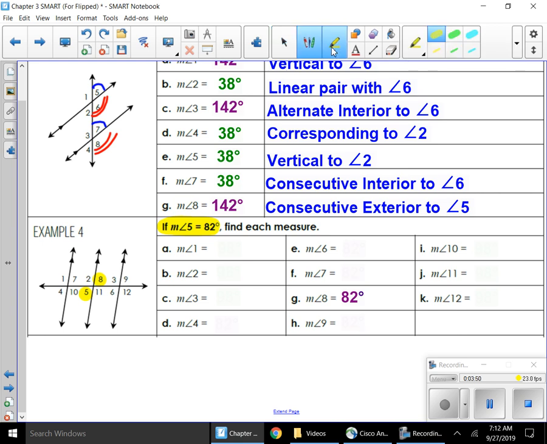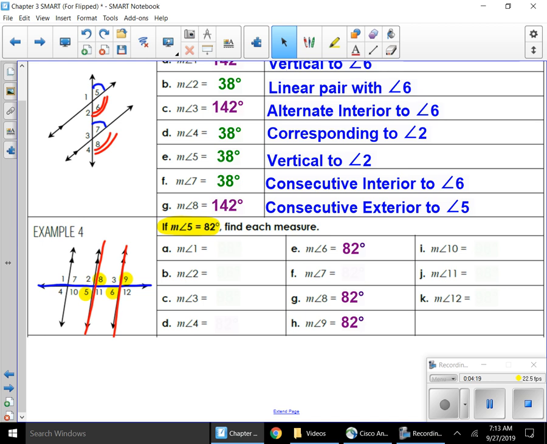Notice that angle 6 corresponds to angle 5, with this as our transversal, and these 2 lines being the parallel lines that are intersected. So angle 5 and angle 6 are corresponding, which means they're congruent. But wait, there's more. Angle 9 is vertical to angle 6, so it's also going to be congruent.